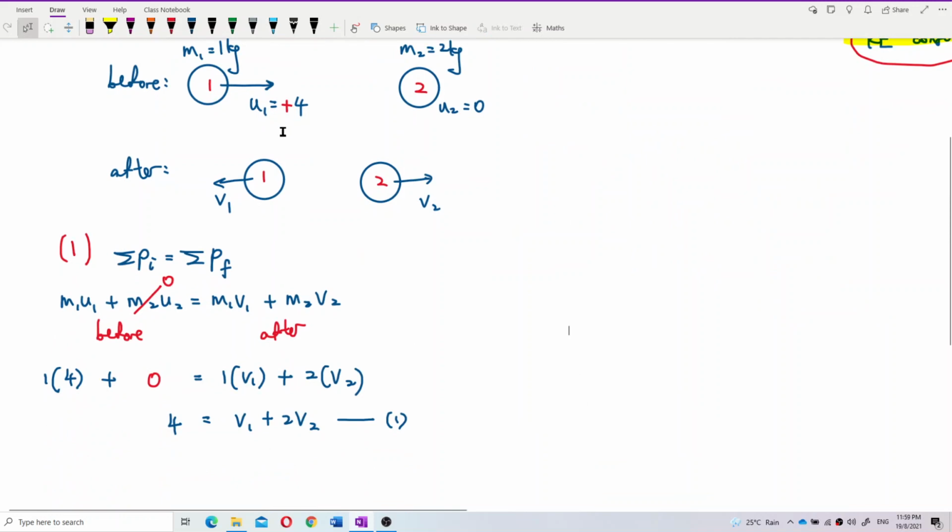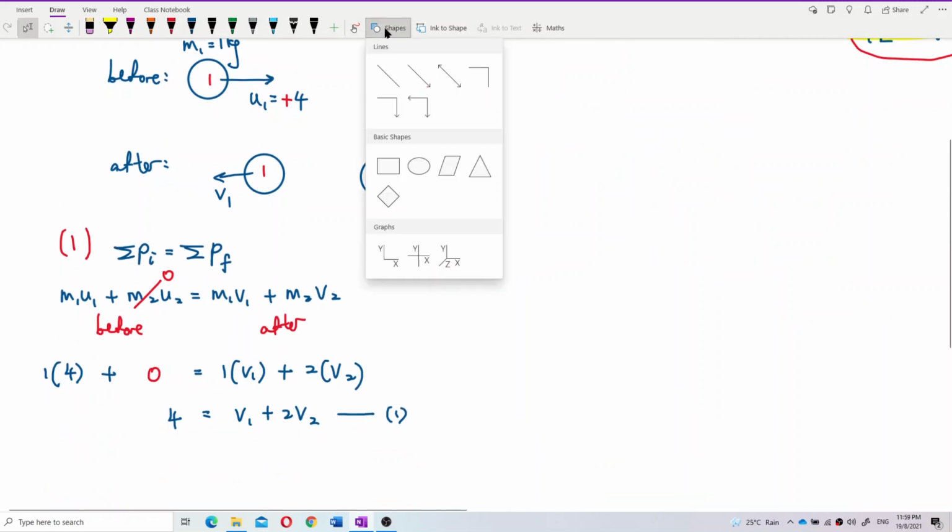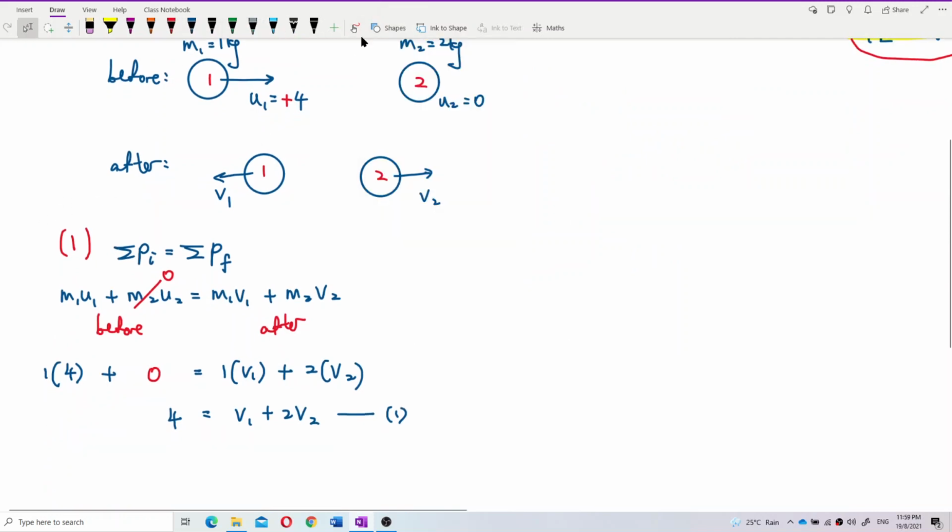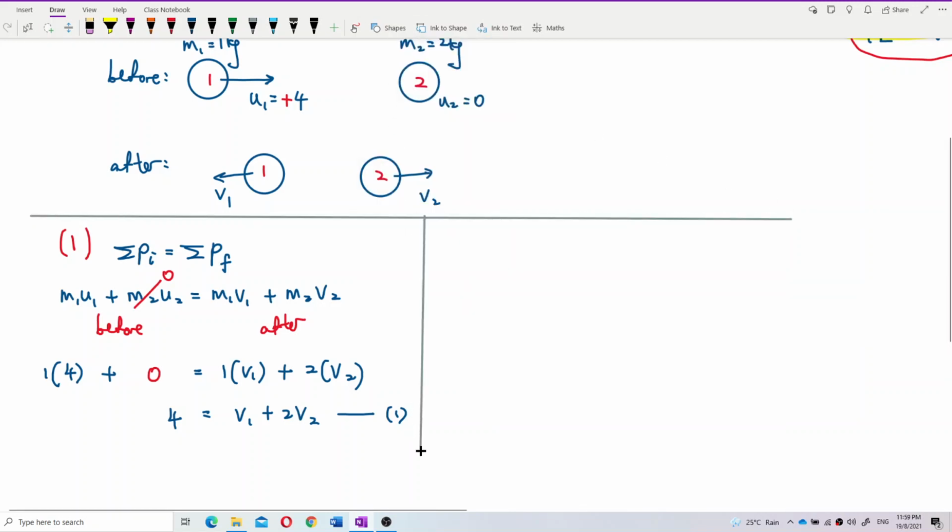That's our conservation of momentum. Now I just want to make things more organized. That's my job. I like to have things more organized, so that you as a student also need to be organized. You need to be organized in your work so that people will respect you more.